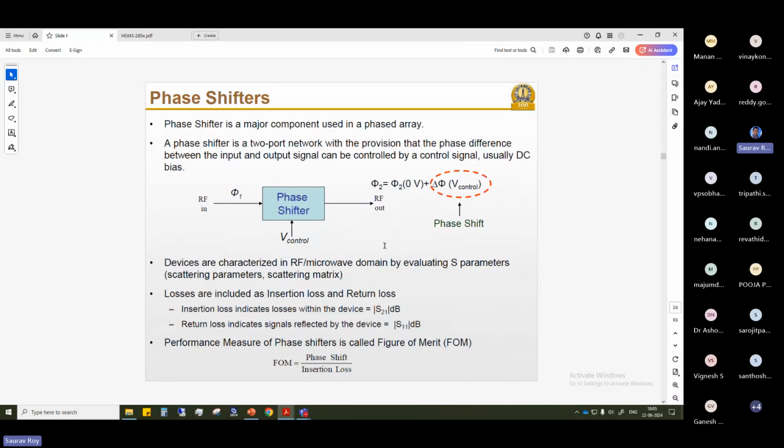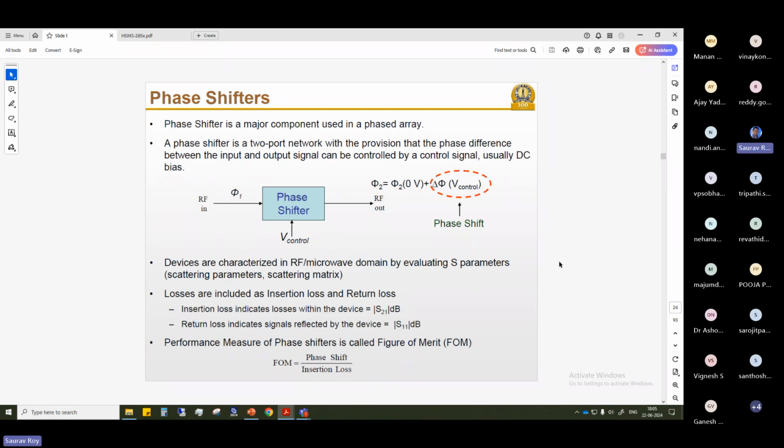If you see the system here, the input has a phase of phi 1 and the RF output phase is phi 2, which is given by the input phase plus or minus a del phi. This del phi is the phase shift which is controlled by the V control, right? So that means this is an electronically controllable system.